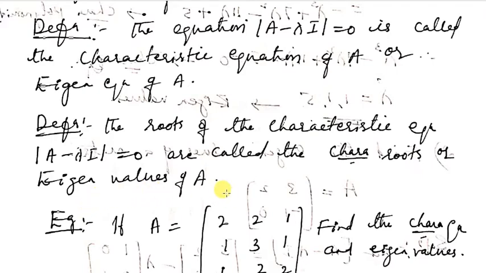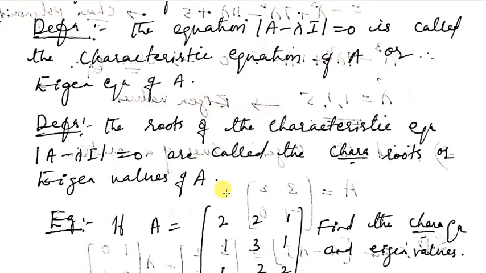Is this clear? So to find the eigenvalues of a square matrix of order n, or any order, we have to find the characteristic matrix, characteristic polynomial, and the characteristic equation.